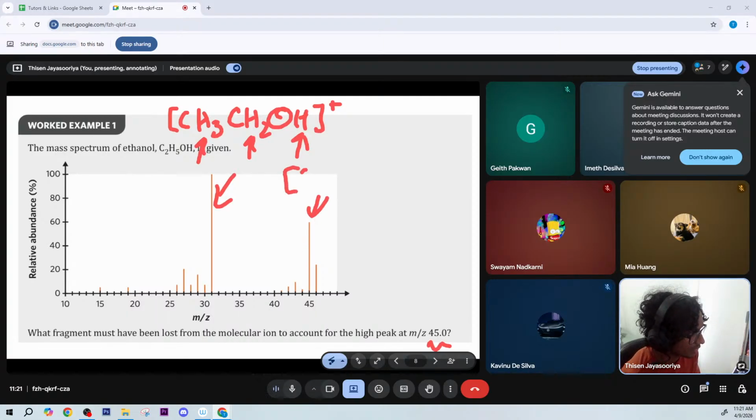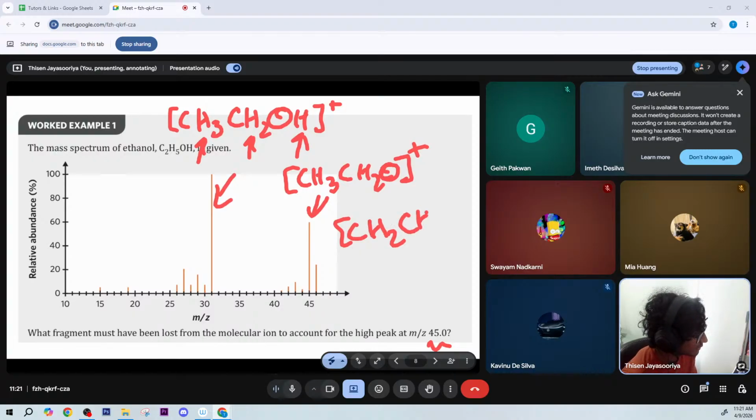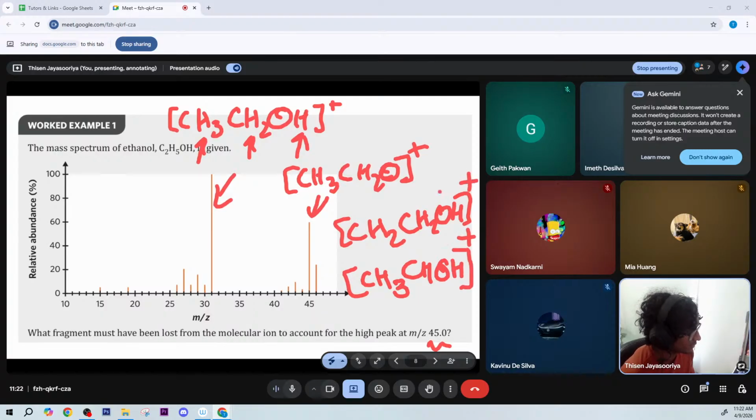So technically, we could have this one accounting for it. We could also have this one accounting for it, or we could have this one accounting for it. So those are the ones we could have.